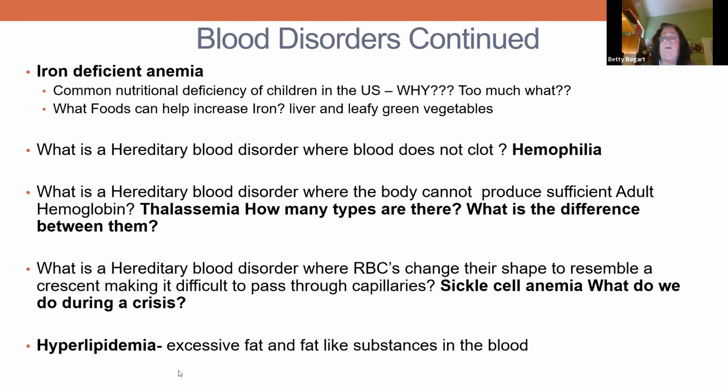The hereditary blood disorder where they're not producing sufficient adult hemoglobin is called thalassemia. There are a couple different types of them, but when we talk about it, we're usually talking about major or Cooley's anemia, whereas this blood, I call them the rectangular shaped blood, where they have a really short life and they burst.